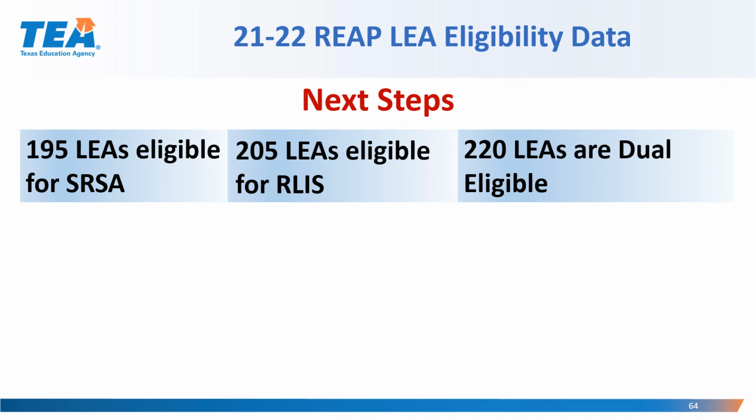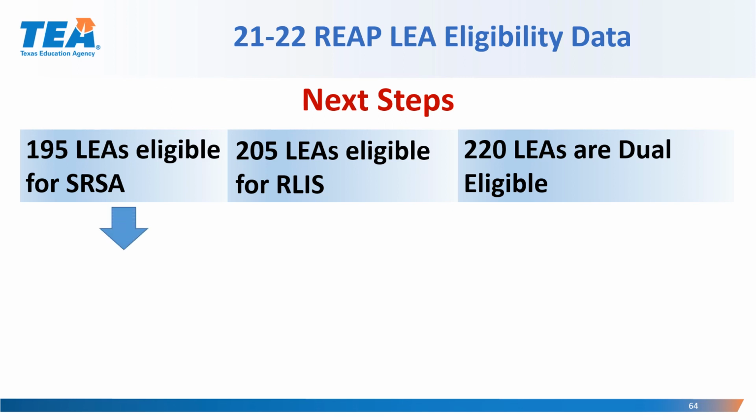So for the 21-22 school year, we have a total of 195 LEAs who are eligible for SRSA, 205 LEAs who are eligible for RLIS, and a total of 220 LEAs are dual eligible.